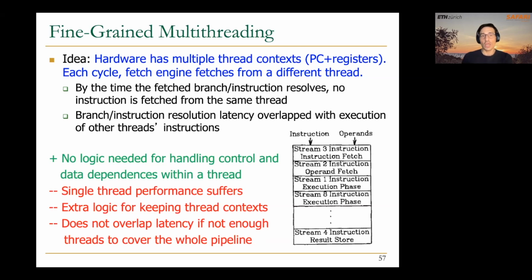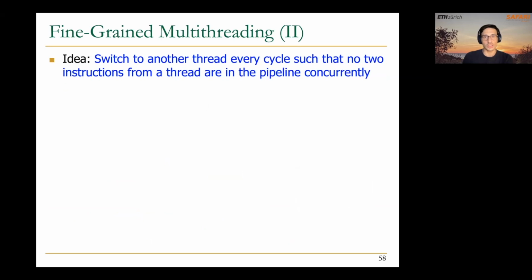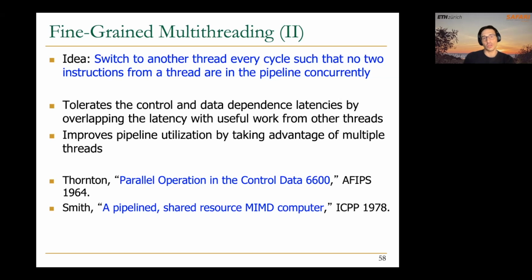So this way we hide all the dependencies, and we can also hide the latency of long latency operations, like, for example, memory accesses. So we switch to another thread every cycle such that no 2 instructions from a thread are in the pipeline concurrently.